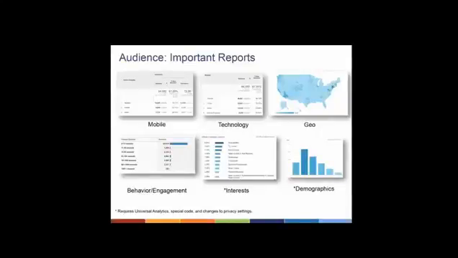So, for instance, if you get one visit from a specific city, Google won't share that information with you because it potentially gives away the privacy of somebody. You might be able to figure out who it is based on what city they came from, what device they're using, what web page they looked at. So it only utilizes the demographic information when it has enough of a data set to anonymize it and ensure that no privacy is being compromised.